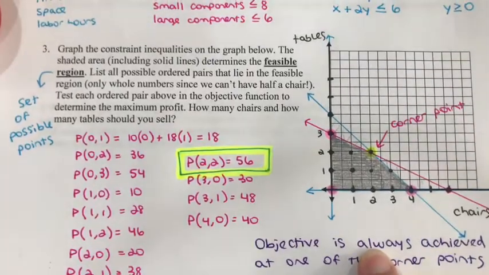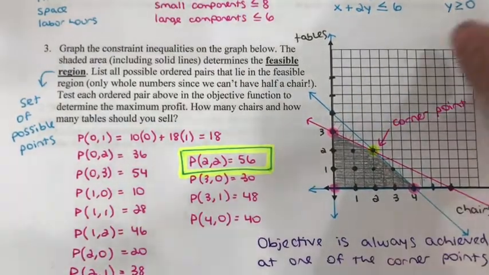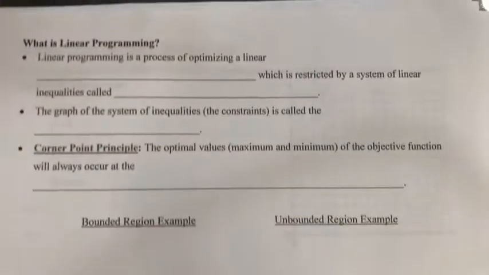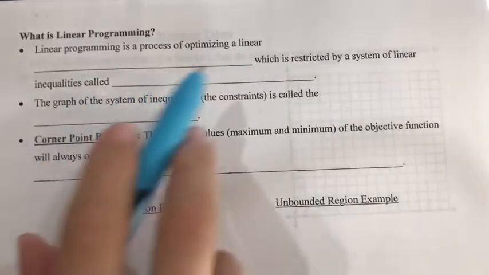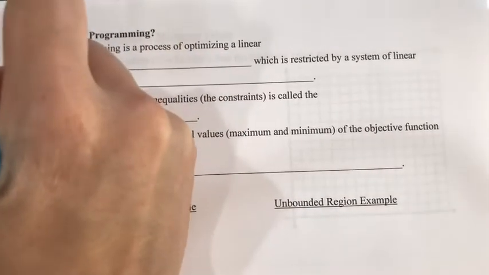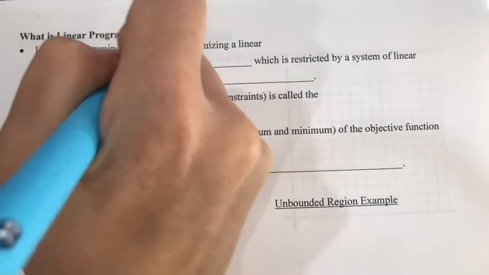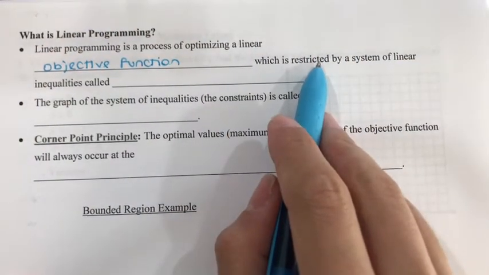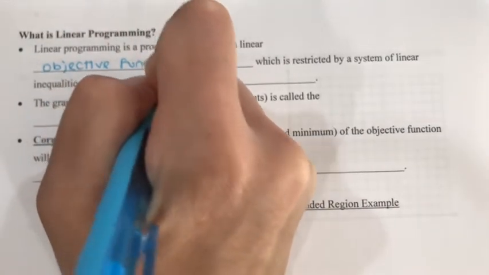So let's go ahead and flip to the next page and talk about what is linear programming. Linear programming is a process of optimizing a linear objective function which is restricted by a system of linear inequalities called constraints.